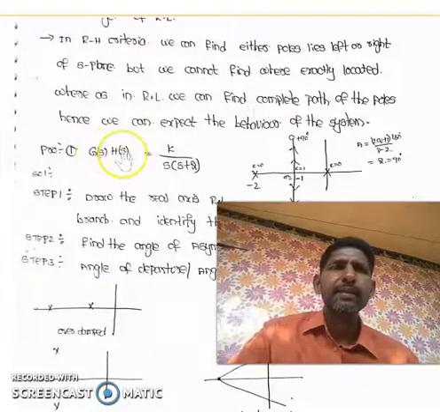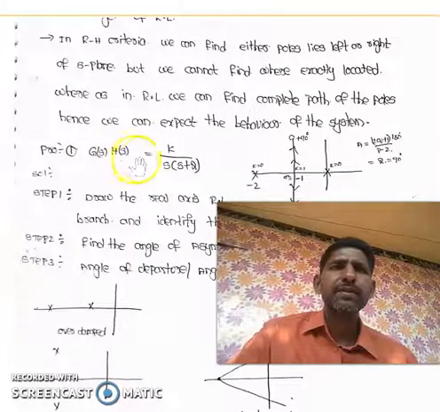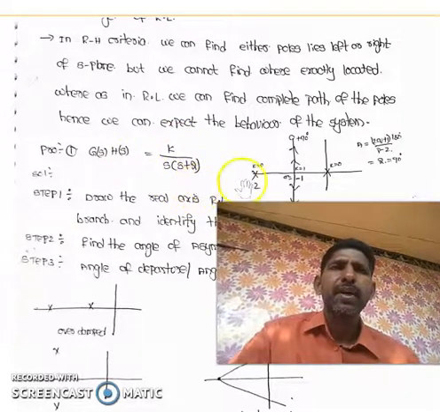Let us consider the open loop transfer function G(s)H(s) equal to k divided by s into (s plus 2).